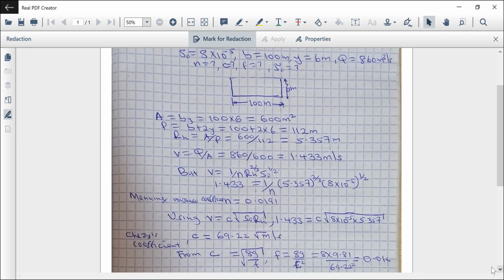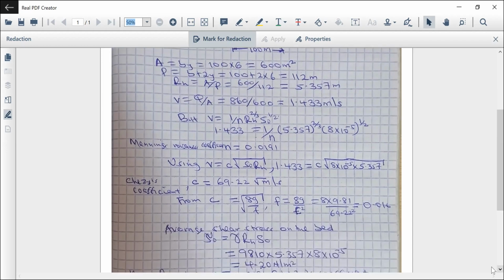Then now, after getting the Chezy coefficient, we know that we have a relationship whereby the Chezy coefficient C is equivalent to the square root of 8g over friction factor. If I square each term, I find C squared is equivalent to 8g over f.